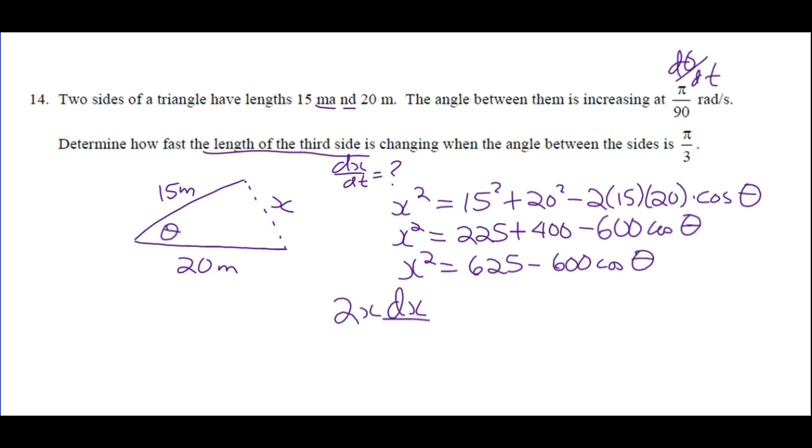So 2x times dx by dt, which is what we want to find, is the derivative of 625, and the derivative of cos is minus sine, so this will be 600 sine theta times d theta by dt, implicitly.